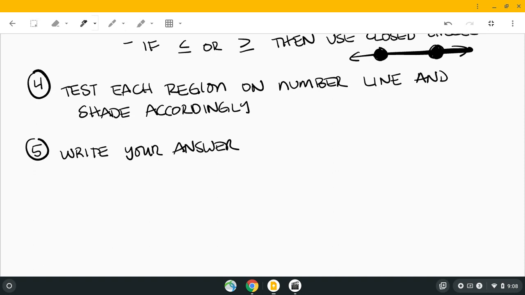You can use set notation or interval notation. So let's go with interval notation.